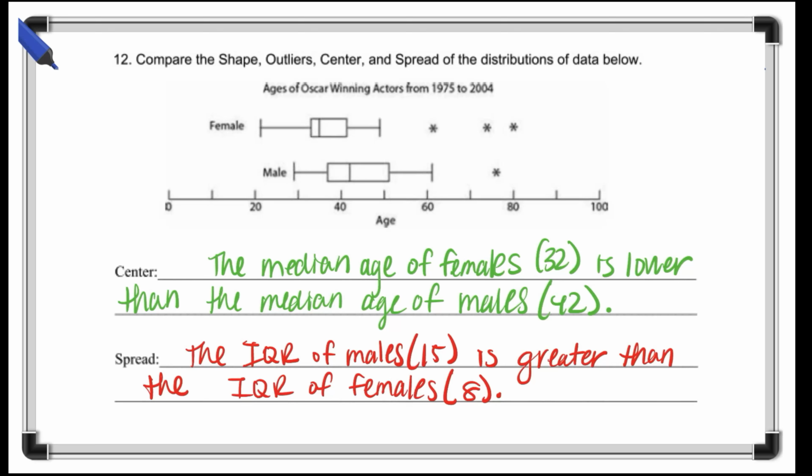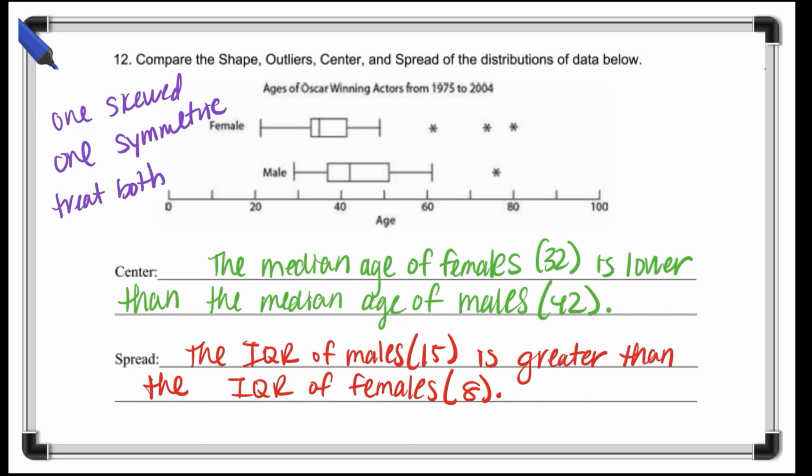So another thing to remember is if you have one that is skewed and one that is symmetric, you're going to treat both as skewed. Okay, so that's something that you do want to remember.